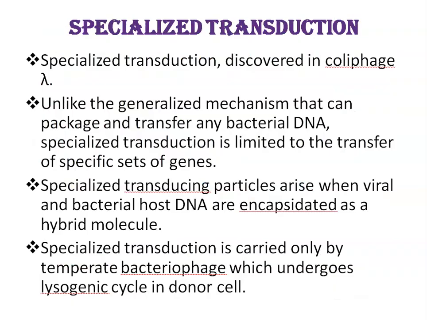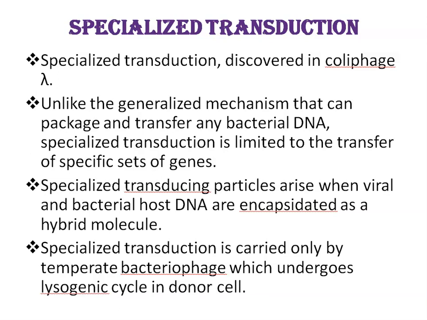Specialized transduction was first discovered in coliphage lambda. Unlike the generalized mechanism that can package and transfer any bacterial DNA, specialized transduction is limited to the transfer of a specific set of genes, right?